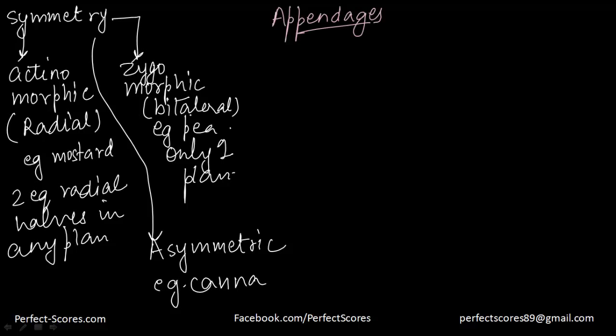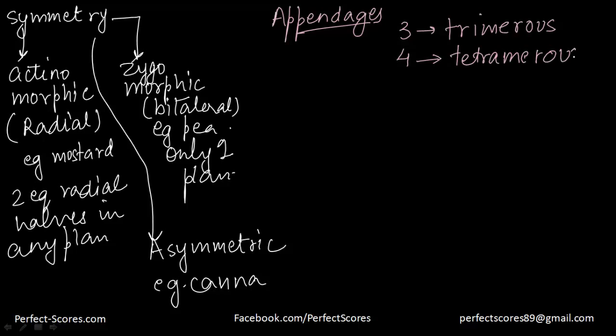Coming to the number of appendages, if the appendages are in multiples of 3, you can call the flower trimerous. For example, if it has 3 petals or 6 petals or 9 petals. If it is in multiples of 4, it's called tetramerous. For example, 4 petals, 8 petals, 12, like that. And if it is present in multiples of 5, it's called pentamerous.